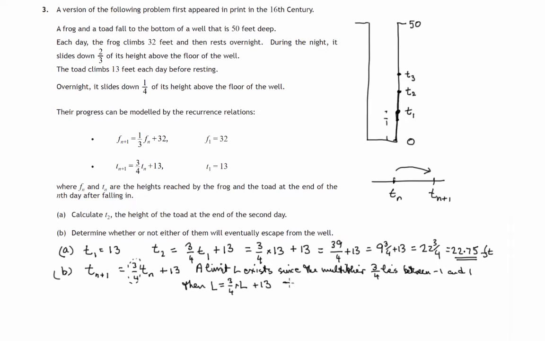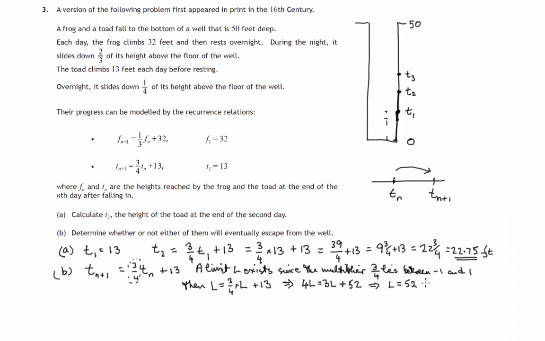So let's multiply both sides of this equation by 4. We get 4L equals 4 times 3/4, which is 3L, plus 4 13s are 52. Take 3L from both sides, L equals 52 feet.